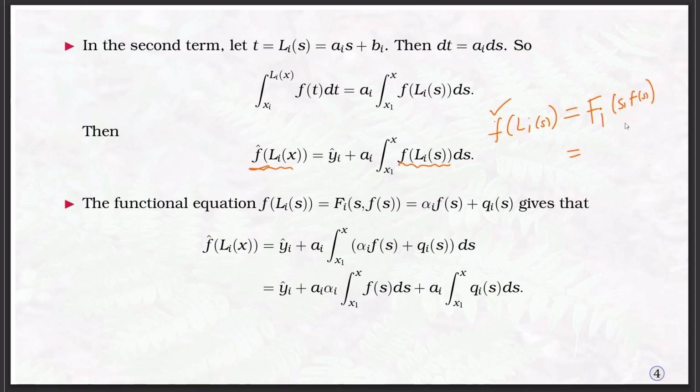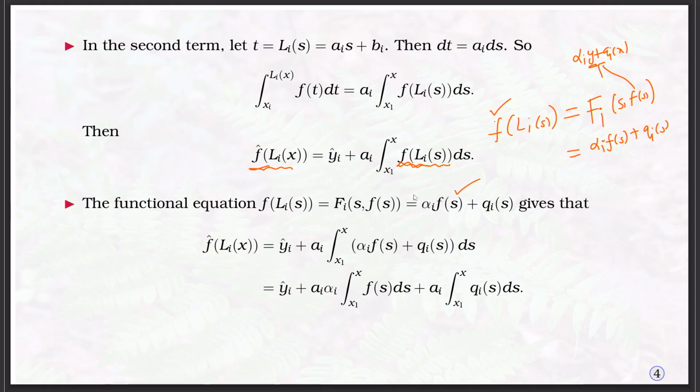What is the form of F i? It is alpha i times y plus q i of x. So, instead of x we can write s, then one can get alpha i f of s plus q i of s; here f of s acts like y.